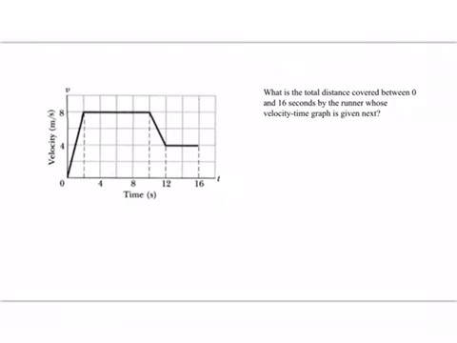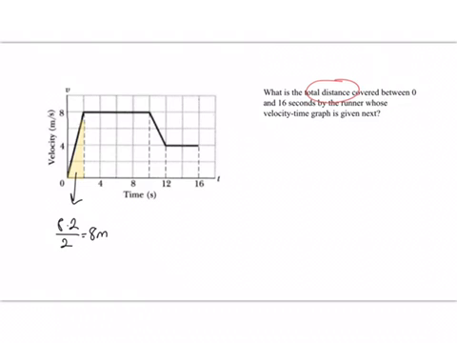The last example was the total distance covered between 0 to 16 seconds. As the distance covered is asked, I'm going to find the area under the graph. So between 0 to 2, the area is this shaded part, which is equal to 8 times 2 over 2, 8 meters.